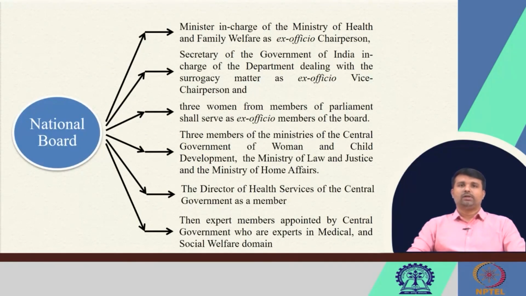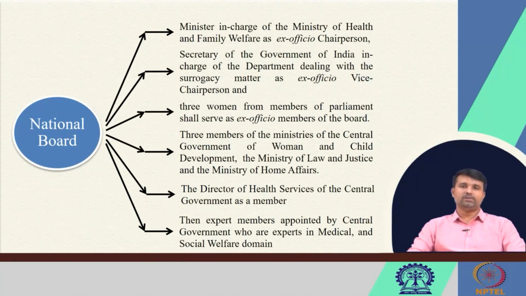The National Board is constituted with a chairperson, a vice chairperson and members. The Minister in charge of the Ministry of Health and Family Welfare will be the ex officio chairperson of the National Board. The Secretary of the Government of India in charge of the department dealing with surrogacy matters will be the ex officio vice chairperson of the National Board. There will be 3 women members of Parliament who will serve as ex officio members of the board.